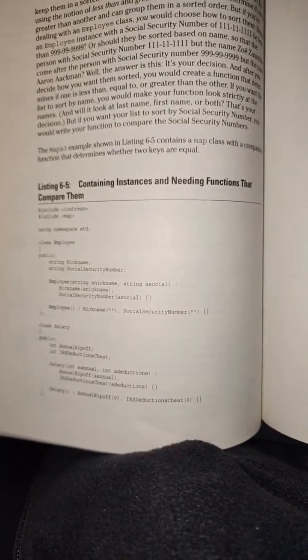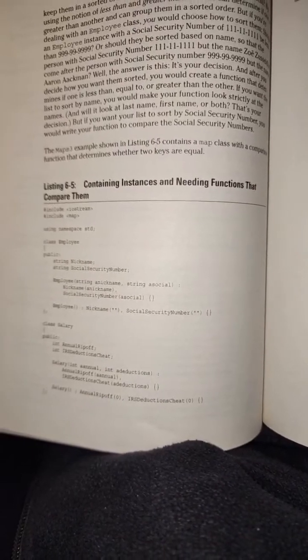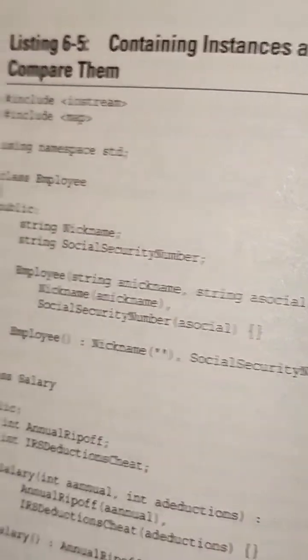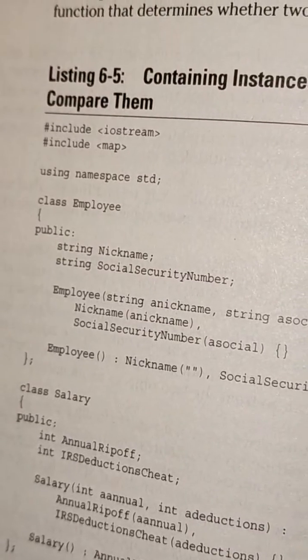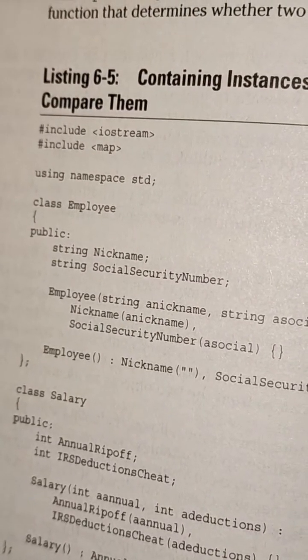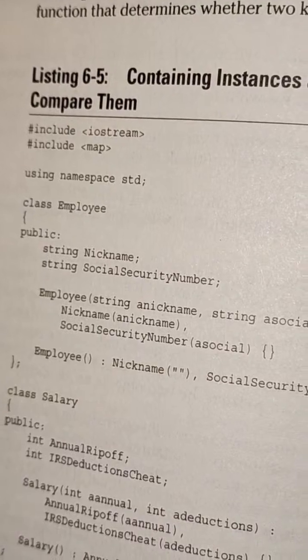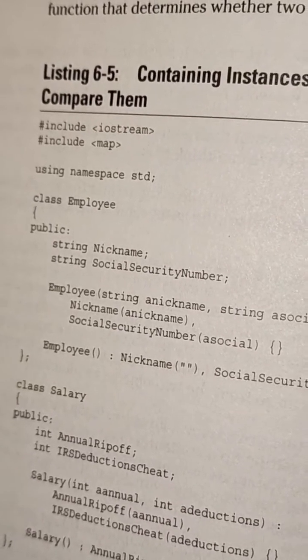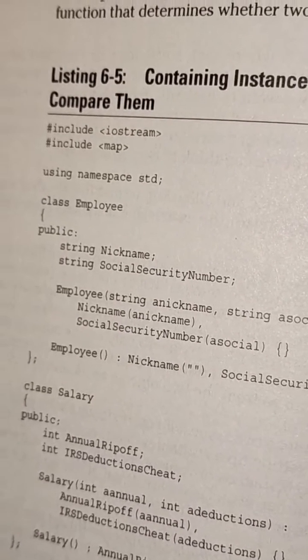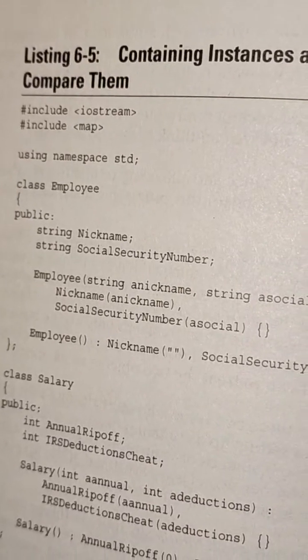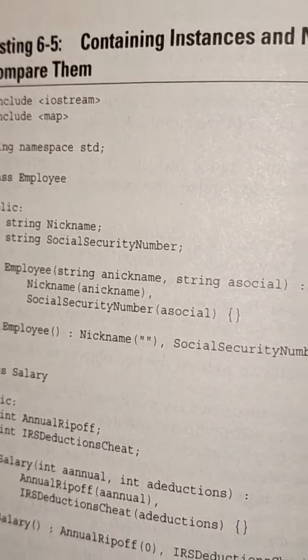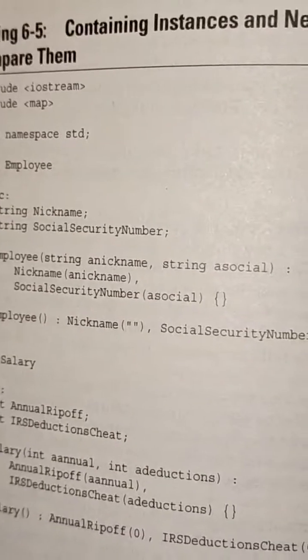Listing 6-5. Containing instances and needing functions that compare them. #include <iostream>, #include <map>, using namespace std; class Employee with a public string nickname and string socialSecurityNumber, and a constructor taking a nickname and a social.